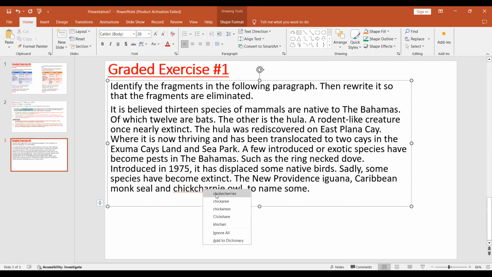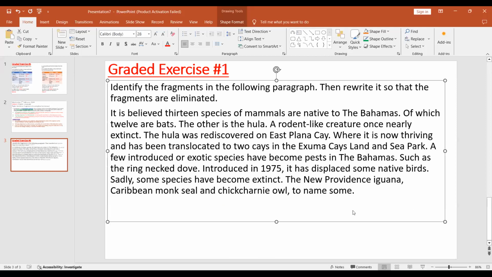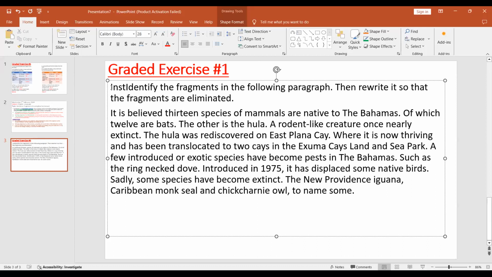Okay, so this is your paragraph. I don't want you to, on second thought, don't rewrite it. Just identify the wrong ones, and then underneath put the correct sentence.